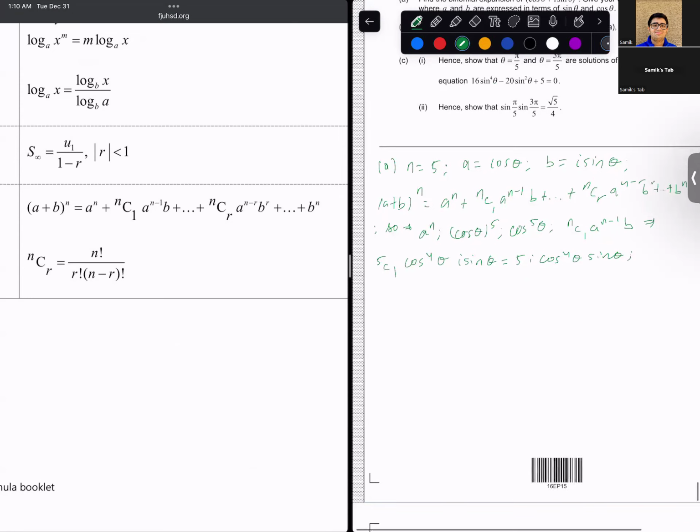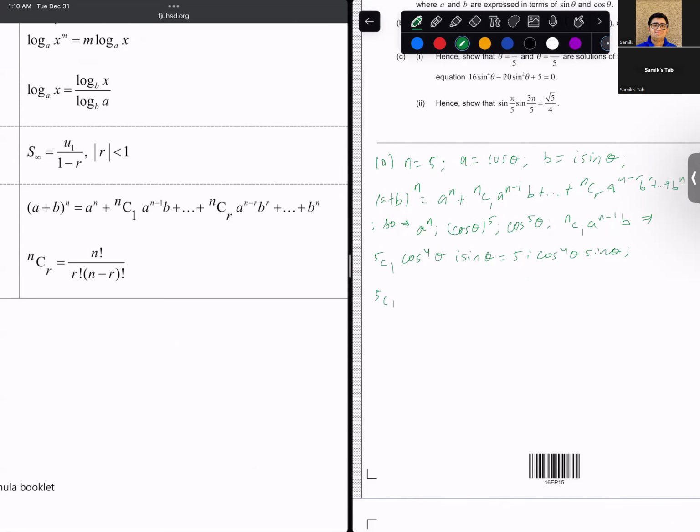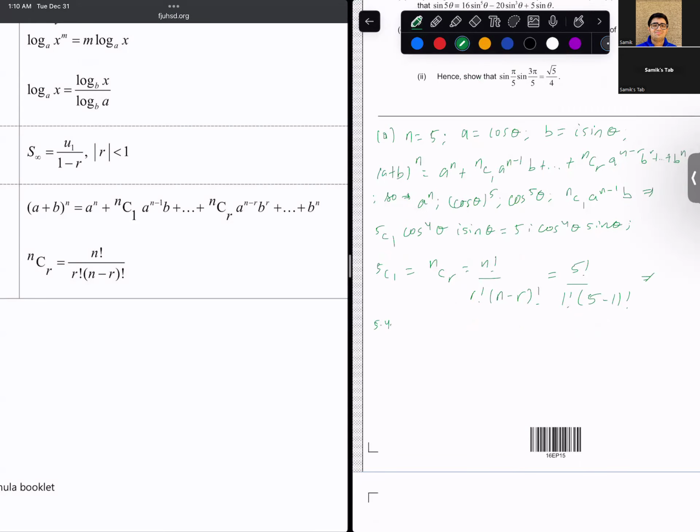And why did it become 5? Well, 5C1 is simply, we can use our nCr formula, which is n factorial divided by r factorial times (n minus r) factorial. It will be 5 factorial over 1 factorial times (5 minus 1) factorial. Now this will be 5 times 4 times 3 times 2 times 1, all divided by 1 times 4 times 3 times 2 times 1.